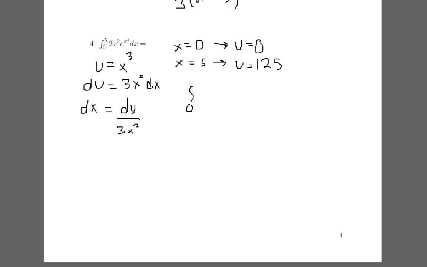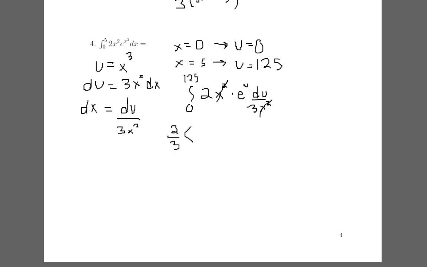So that'll make our interval 0 to 125, and we plug in our u, which would be e to the u times du over 3x squared. So our x squareds will cancel out. We'll be left with 2 over 3, which we can pull out of the integral.